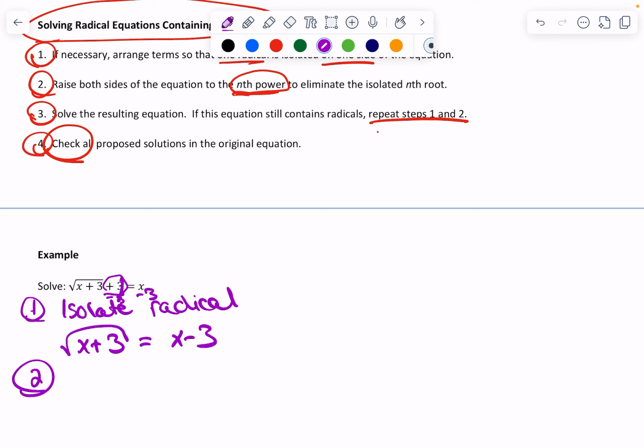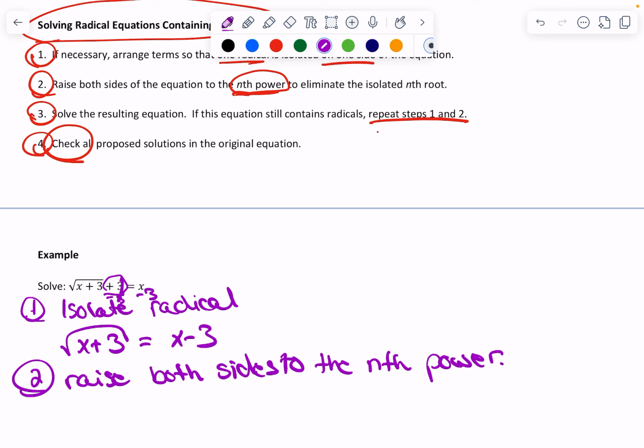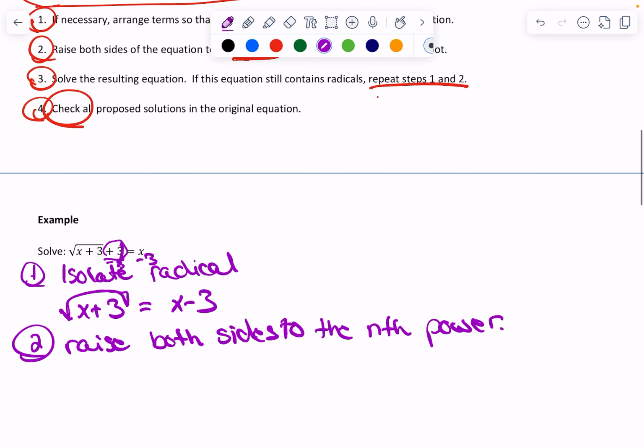Step number 2, we need to raise both sides to the nth power. So what does nth power mean? This is a square root. So all we want is to cancel that square root out.